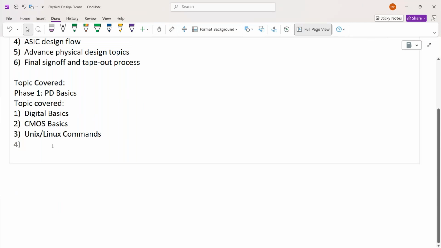So the flows are ready, but nowadays the more focus is on automating the whole process. For example, you are facing certain issues, certain violations, certain errors, and you want to clean them, right? And the errors are in thousands. Manually, you cannot do it because it will be a waste of time.